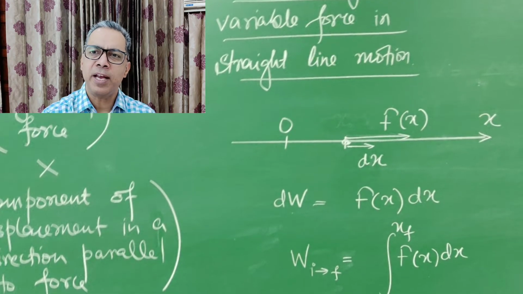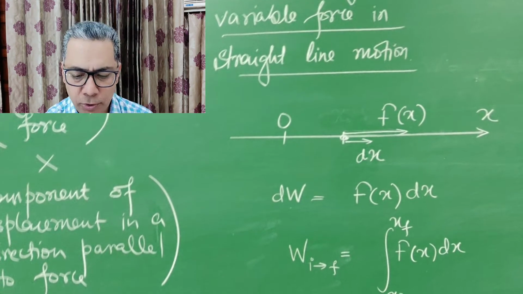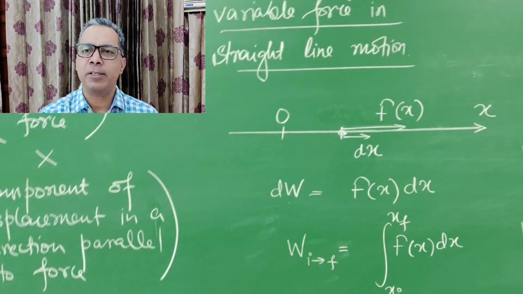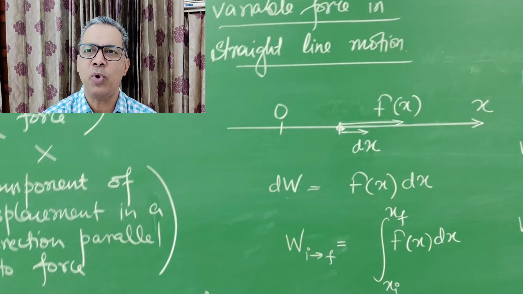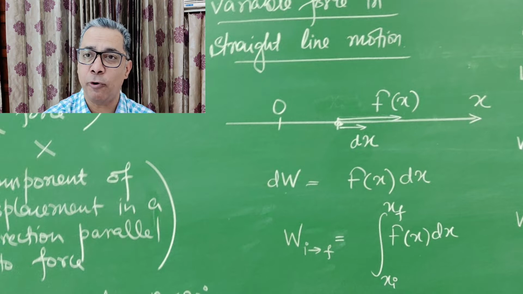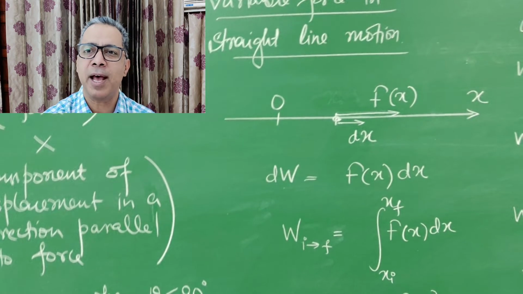When you substitute F(x) and dx in this expression, please make sure you remember one thing. F(x) and dx must both be substituted in this expression along with their proper signs. If the force is in positive x, you substitute it as positive.